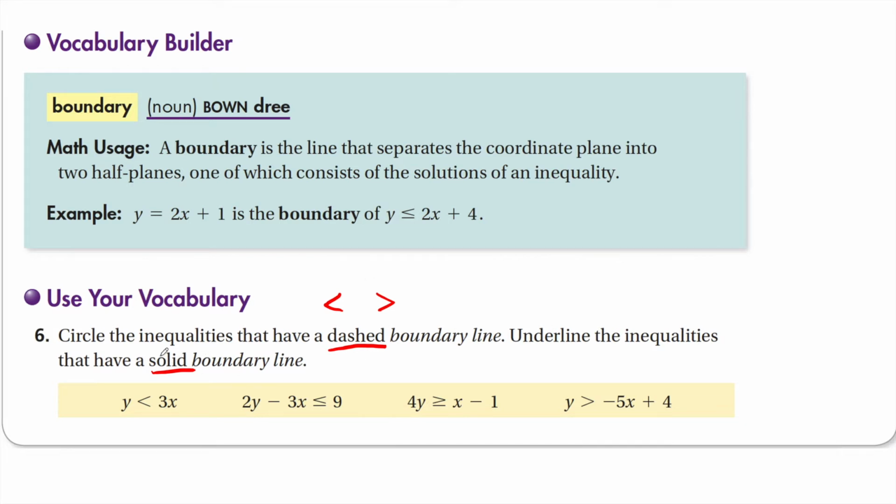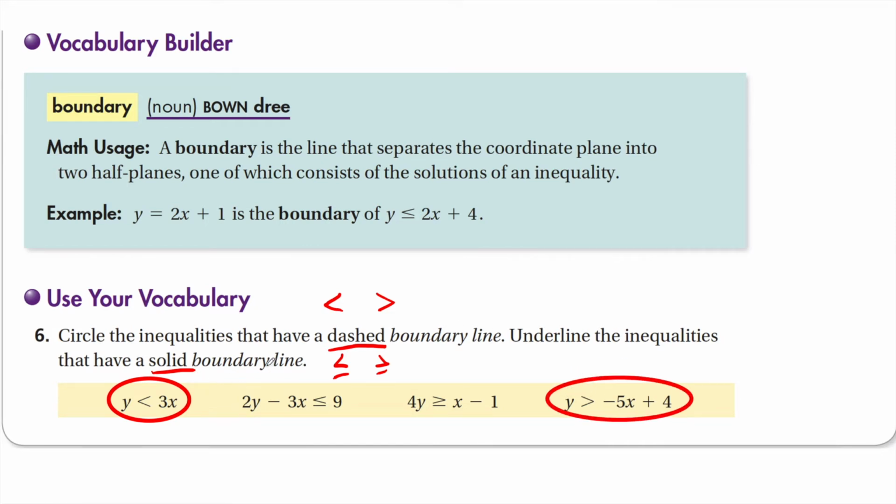Whereas the solid, the filled in circle, or in this case, the solid boundary line, is going to be included, which means we will see the less than or equal to as well as the greater than or equal to. So if it's equal to, it's going to be that solid portion, and if it doesn't have the equal to, it will be dashed. So looking at this one, we're going to do the circling portion first. I know that we can circle the first because this is a less than symbol, and the last because it's a greater than symbol.